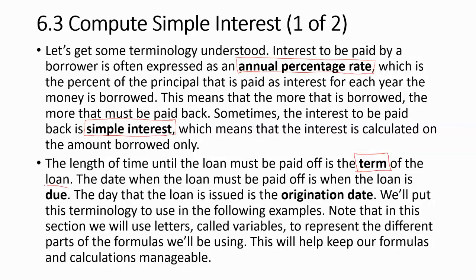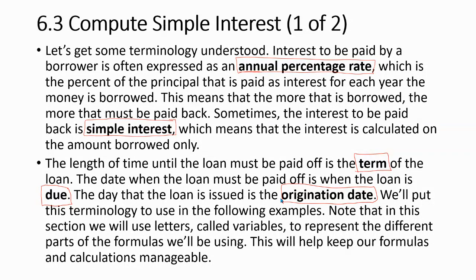When the loan time is up, that is called our due. That's when our loan is due. It's like our due dates, just like due dates for assignments. And origination date is what we call the day when the loan is actually issued, when the event actually happens.